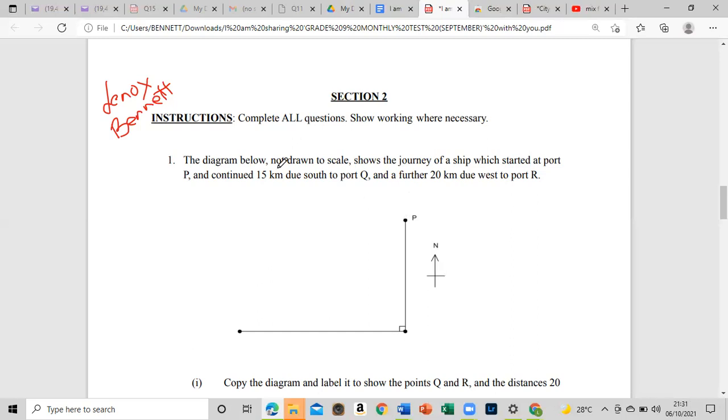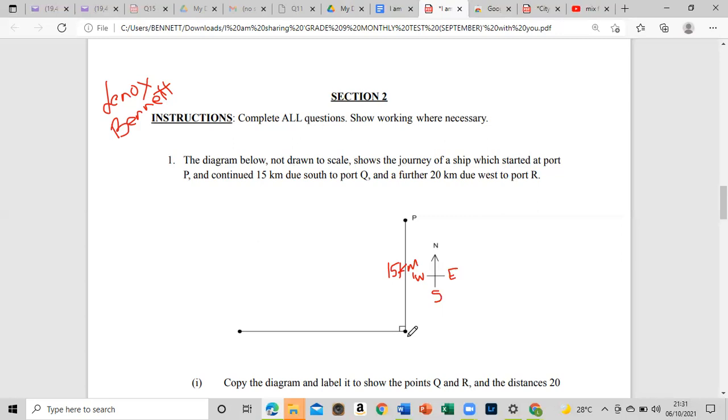So we start right here. This is basically north, south, east, and west, so I can put that on my compass now. So 15 kilometers due south, so write 15. I'll draw it to scale as near as I can, but it can work, and then the point.